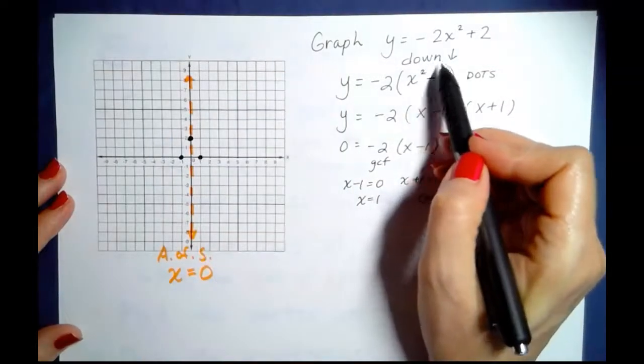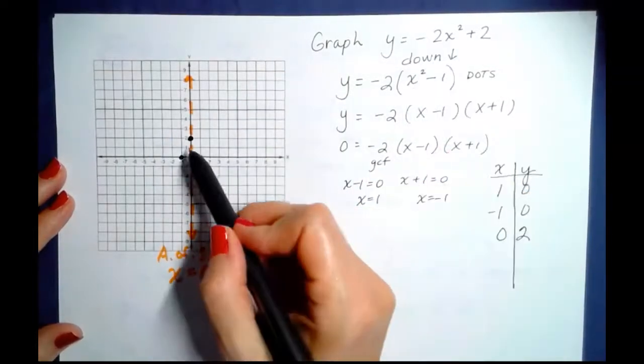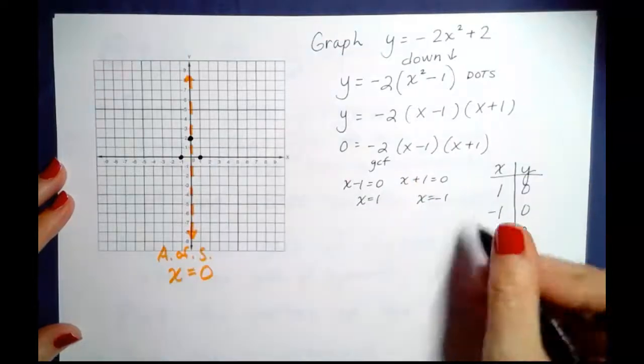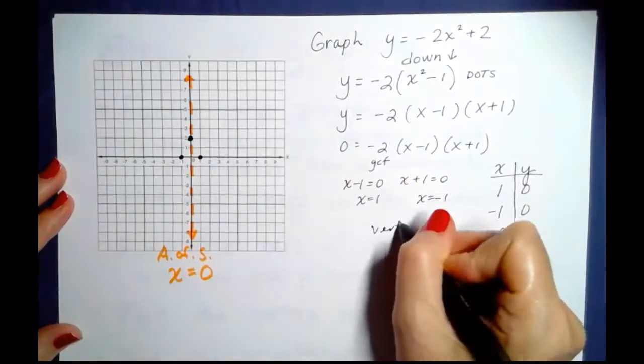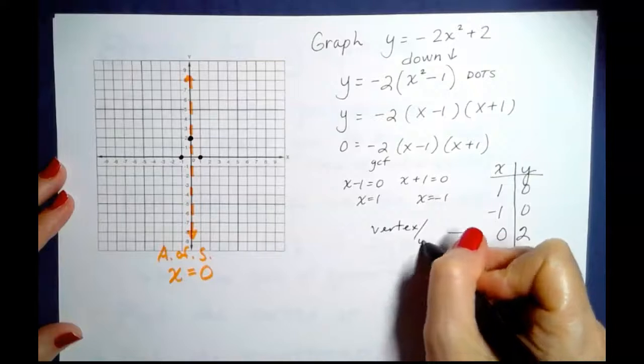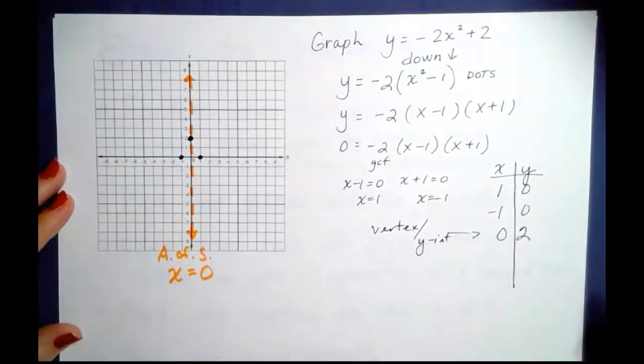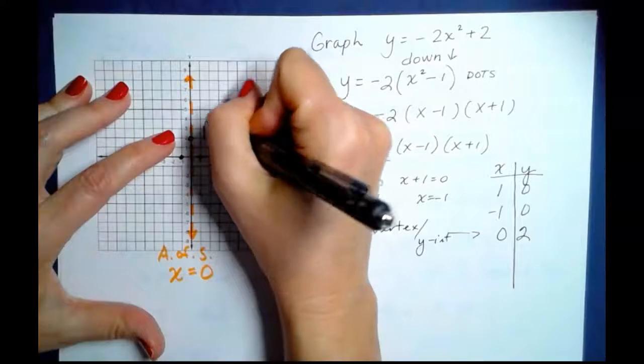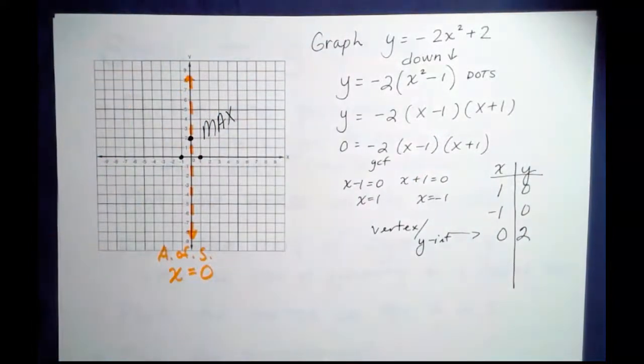We're anticipating that this parabola will open down, so that vertex, our y-intercept, one and the same in this situation, I'll label that vertex and y-intercept, same point here. This is not a minimum value, it is a maximum value in this case, because the parabola is going to open down.